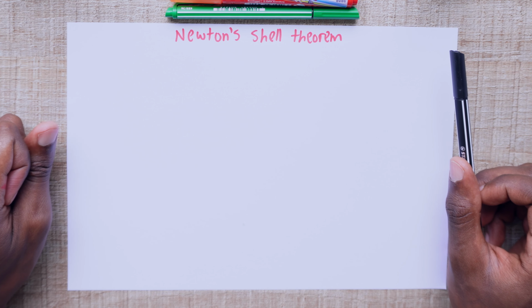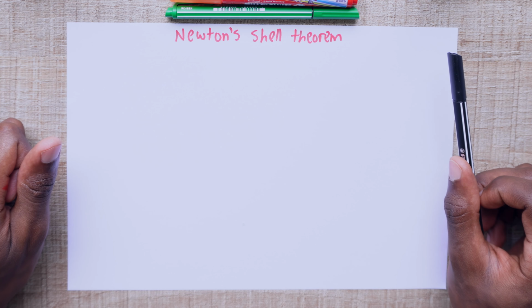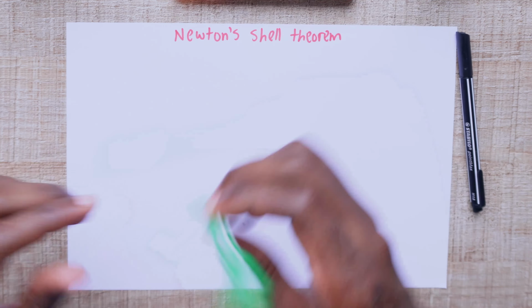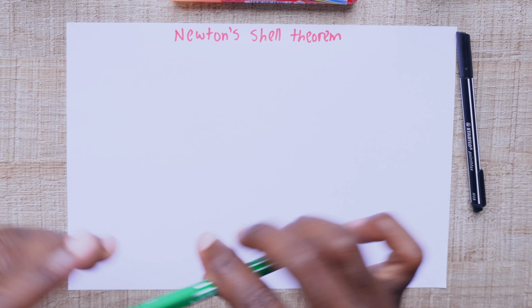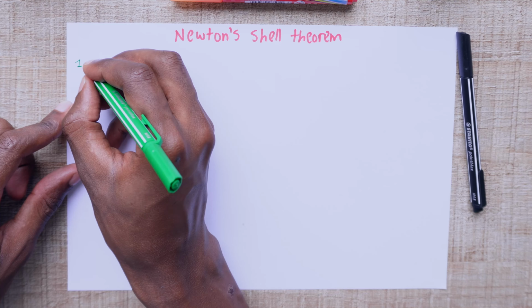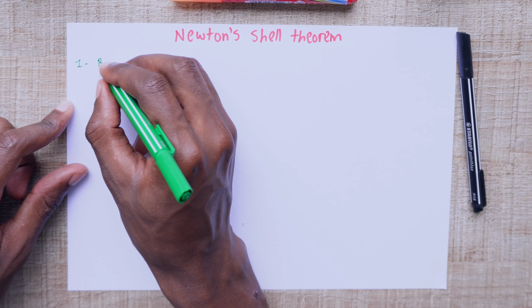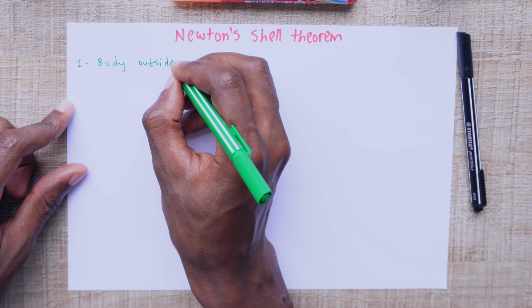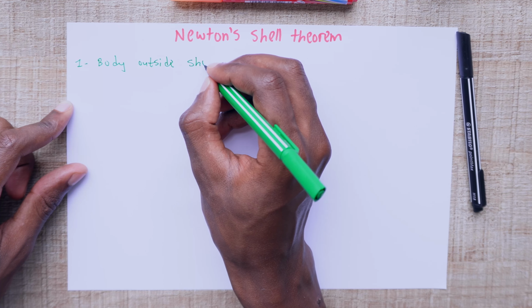Okay, let's go. So suppose in the first case, case 1, that you have a body outside a shell, a spherical shell.